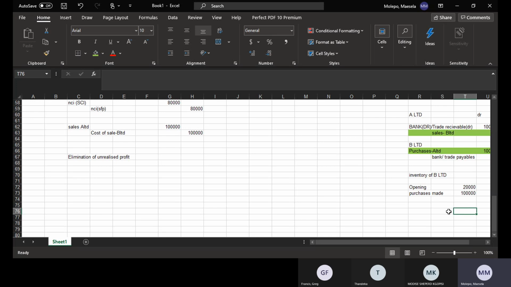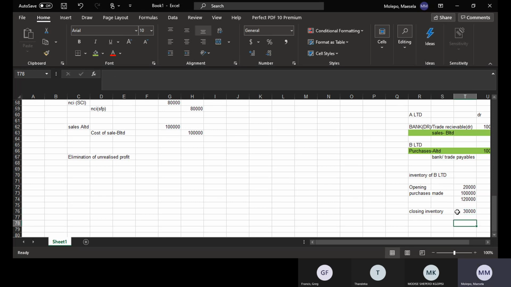Now it means we have 120, when we add them all together. And then they tell us the closing inventory amounts to 30,000.